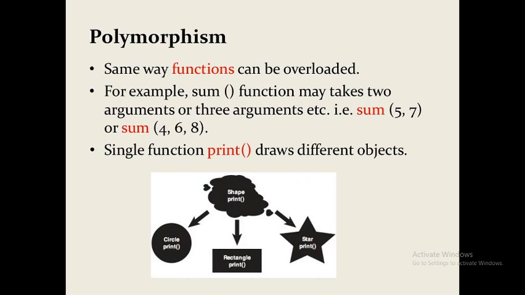If I consider a second example, a shape function: using this shape function I can draw a circle, a rectangle, a star. So we can say the shape function is overloaded, because the function is the same, but we are drawing a circle, a rectangle, a star, a square. The same function is performing multiple operations, and that is what is called polymorphism.